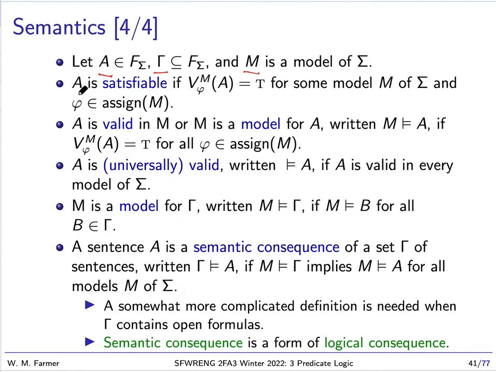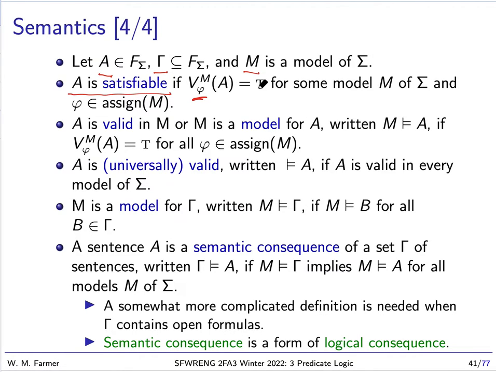Okay, so we say that A is satisfiable if the value of A is true for some phi and some model. So if there's some model and there's some variable assignment into that model that makes A true, we call it satisfiable.